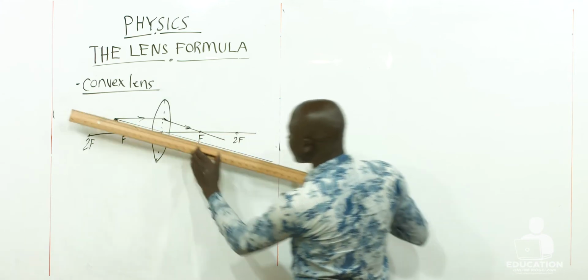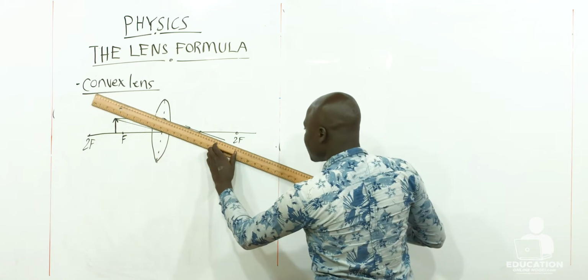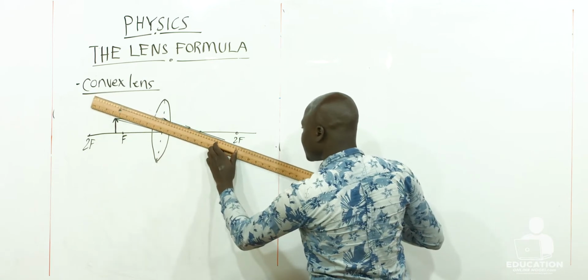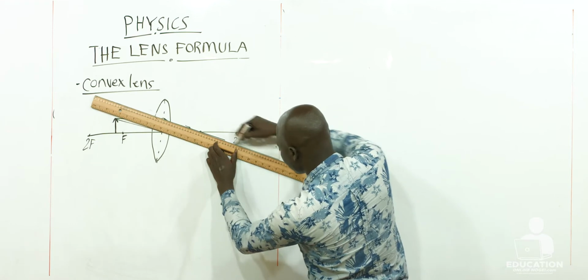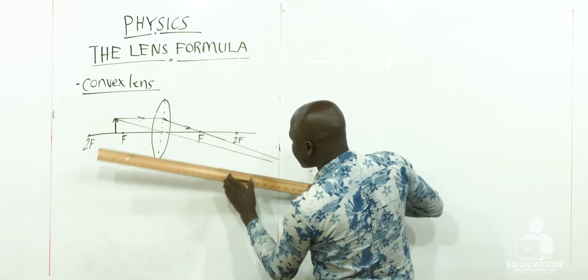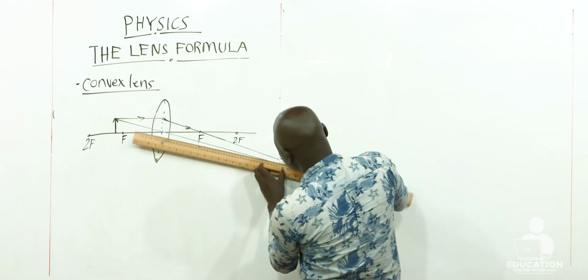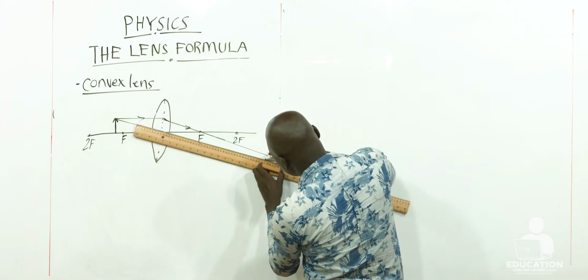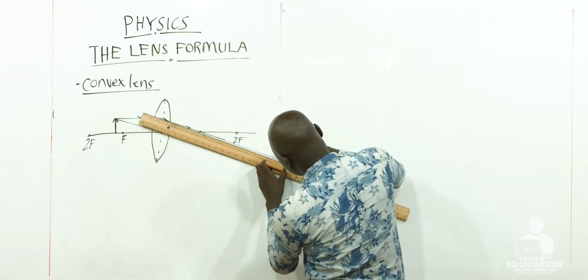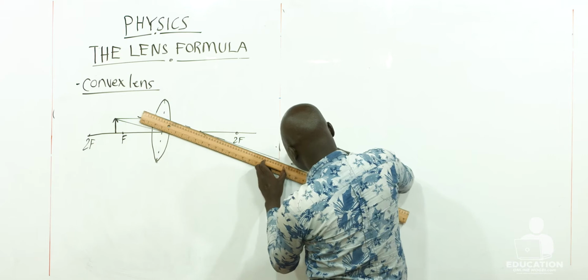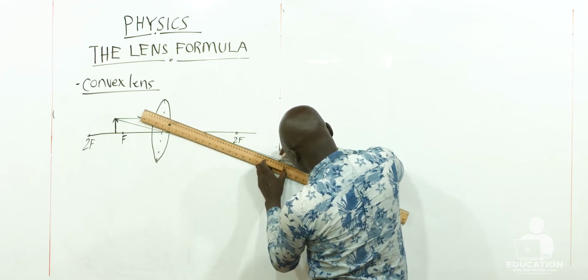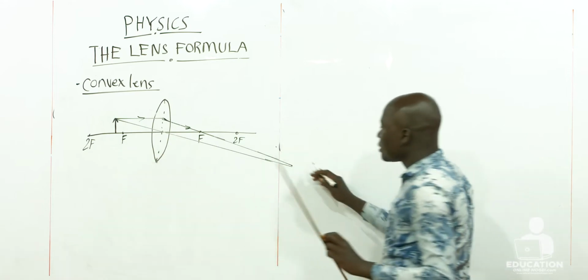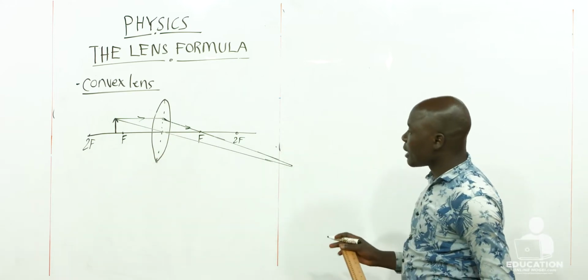When we project the rays, they meet at a certain point. So this is where the two rays are meeting.